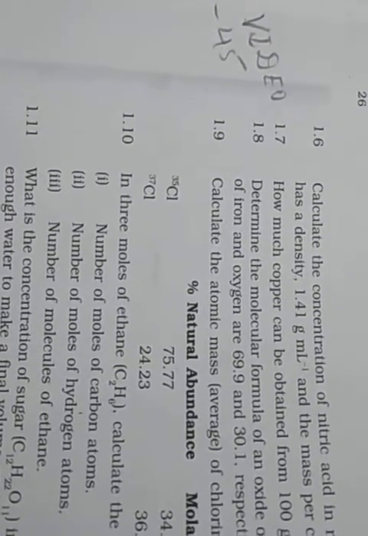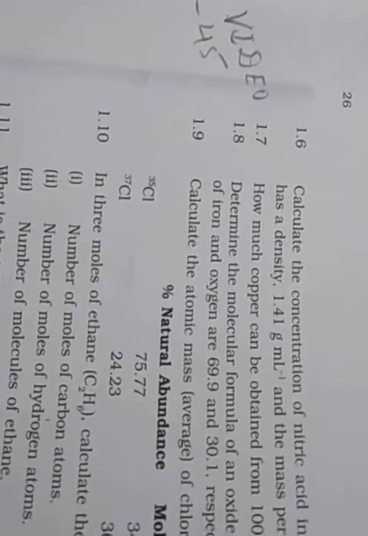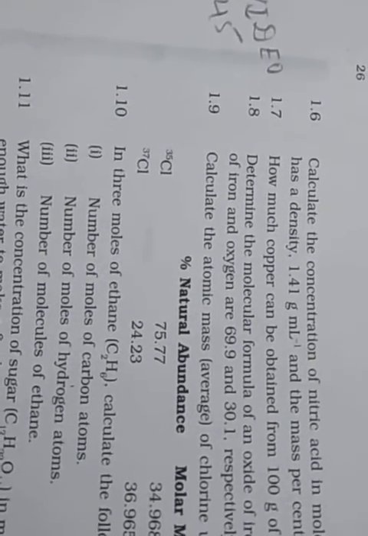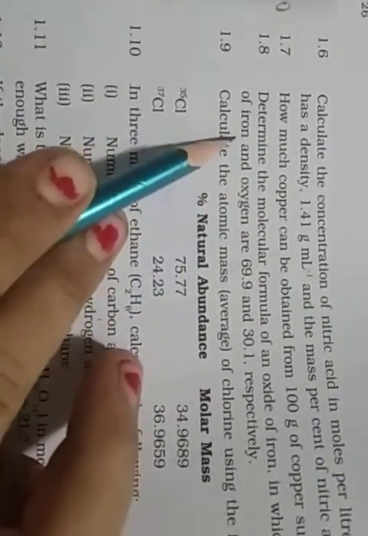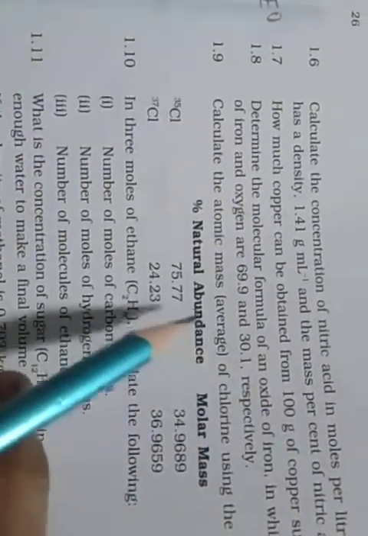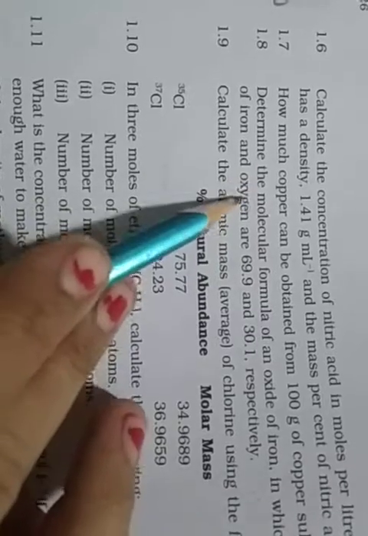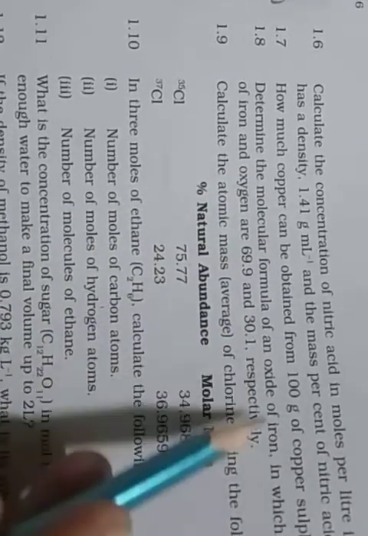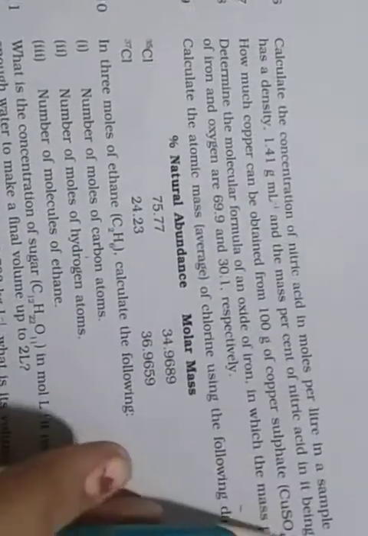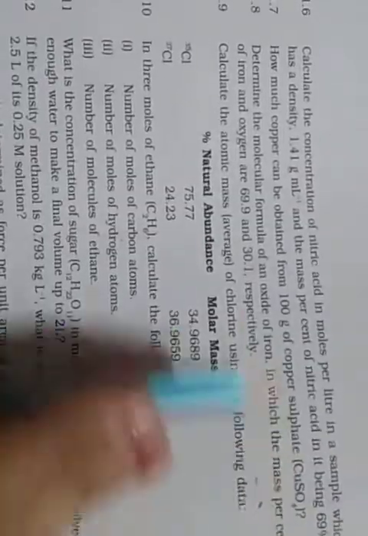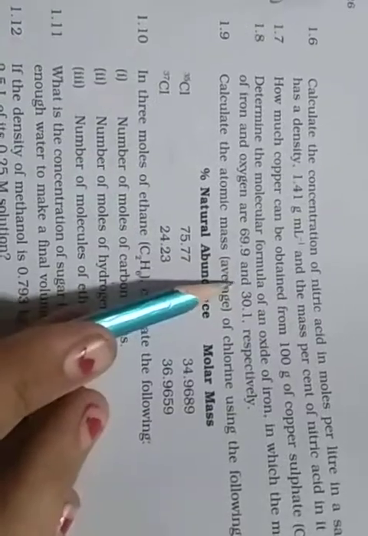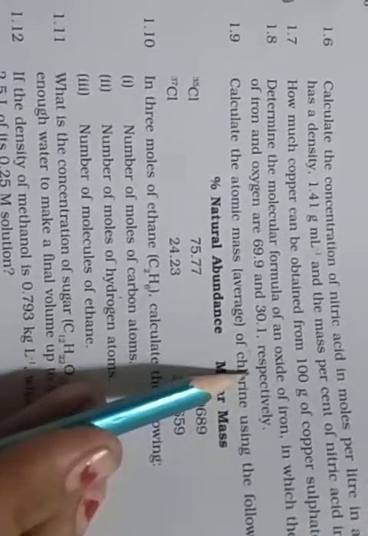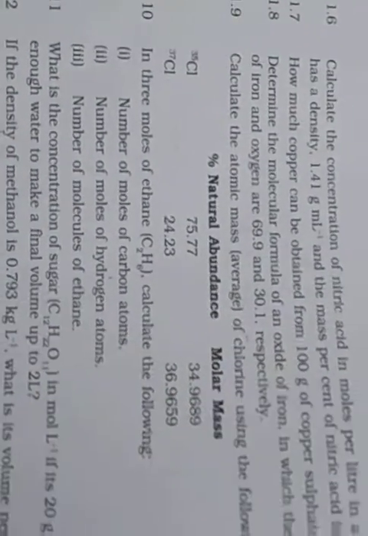This is video number 45, and in this video I will explain textual exercise question number 8 of chapter number 1. Determine the molecular formula of an oxide of iron in which the mass percent of iron and oxygen are 69.9 and 30.1 respectively.